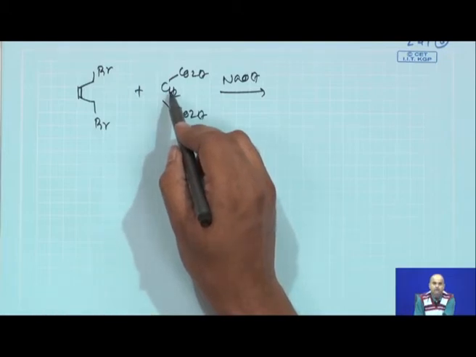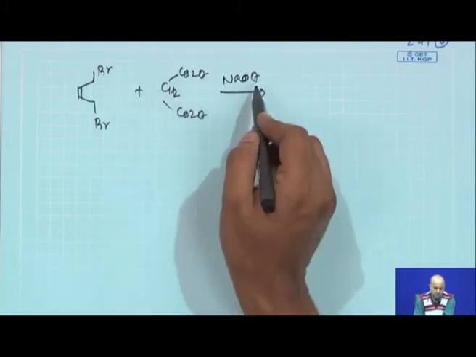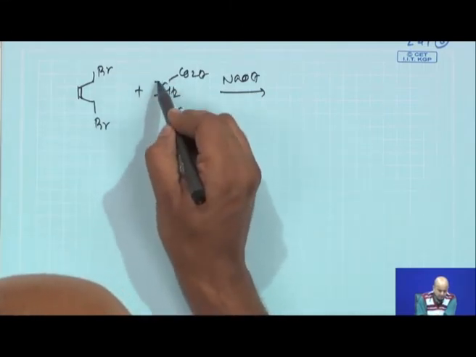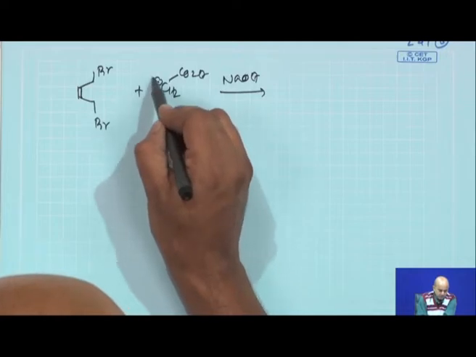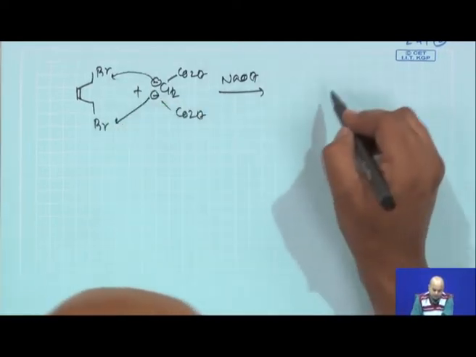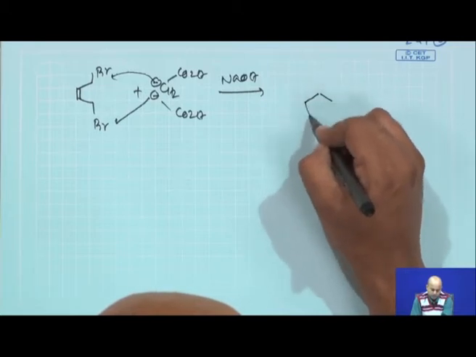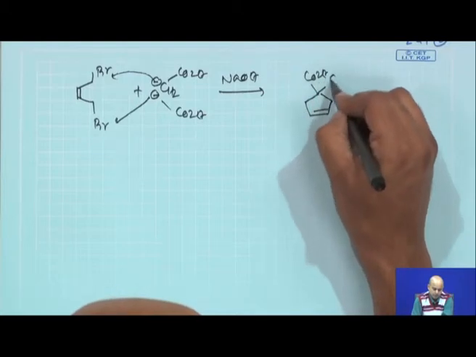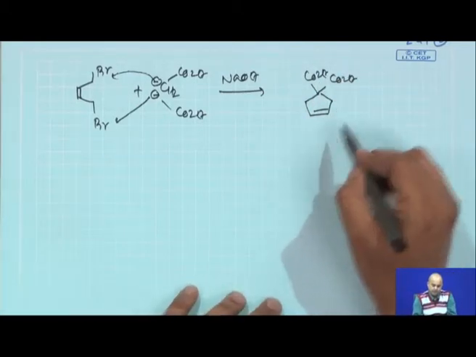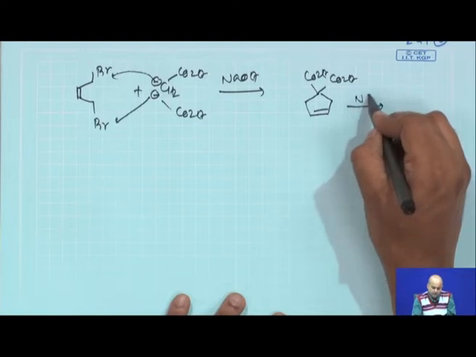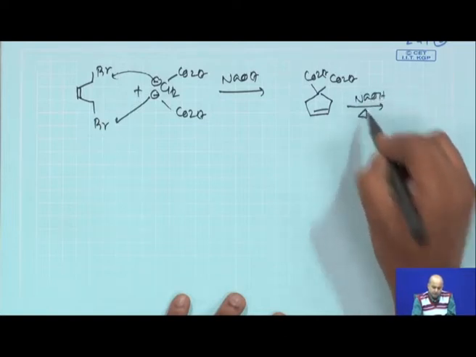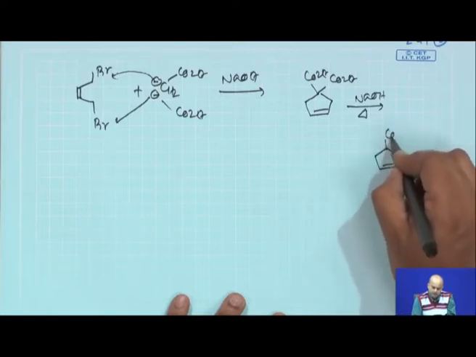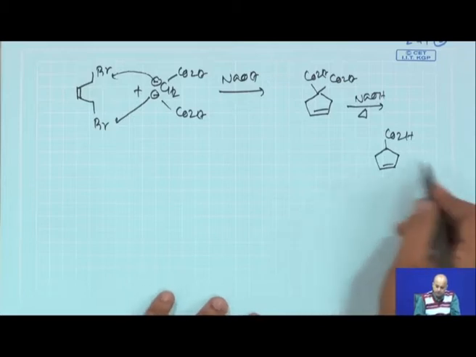Now, two hydrogens in principle can be abstracted by excess sodium ethoxide, and then by abstraction of this hydrogen, this minus and this minus will basically give you reactive this way. So, what you will be getting? You get this CO2Et, CO2Et. Now, do the base hydrolysis followed by heat. So, decarboxylation will take place with one carboxylic acid remaining.